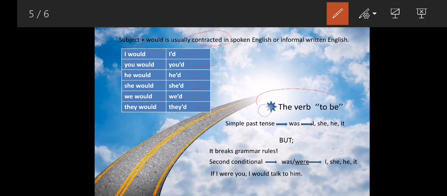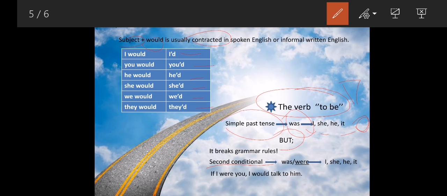And another one is the verb to be. This is important. Second conditional, in fact, breaks some standard be verb rules. In simple past tense, we always use was with the pronouns I, he, she, and it.